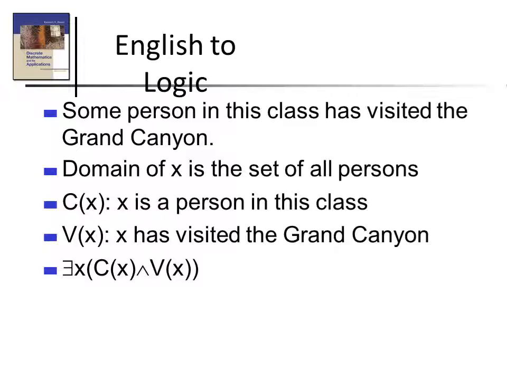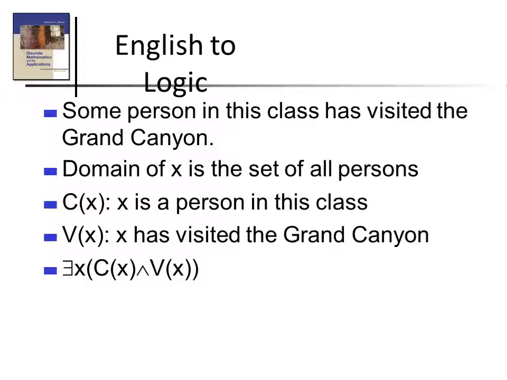Here, how can we represent? First, C of x: x is a person in this class. And V of x: x has visited the Grand Canyon.